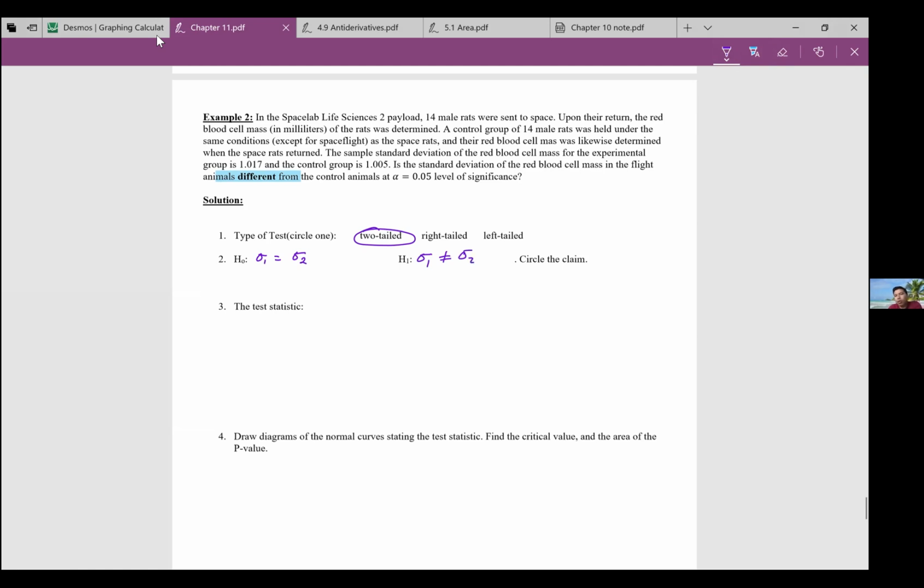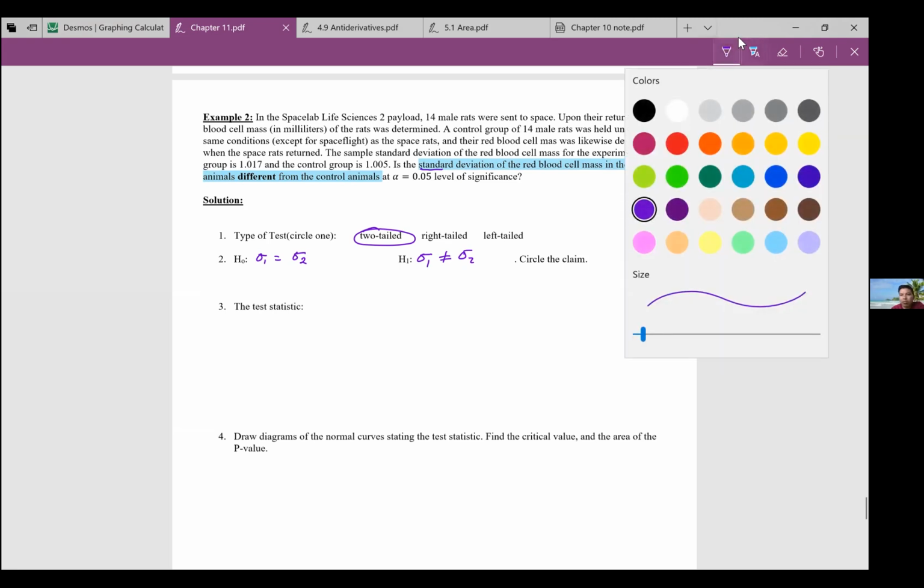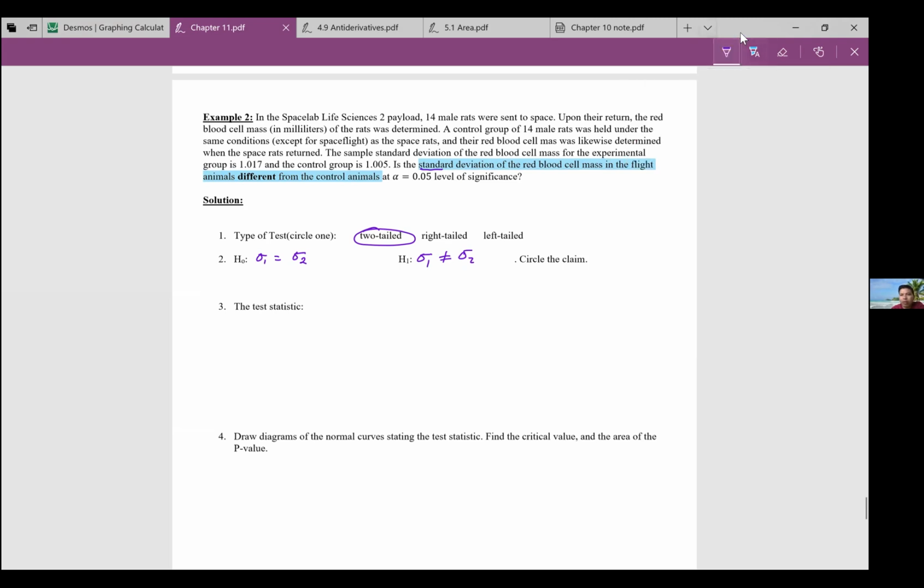There's no need to show any number. We just have that claim between the two populations. And the claim is that the standard deviation in the flight animals is different from the control animals. Let's see if we can agree with that alternate hypothesis or not.